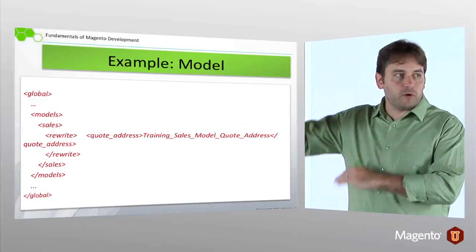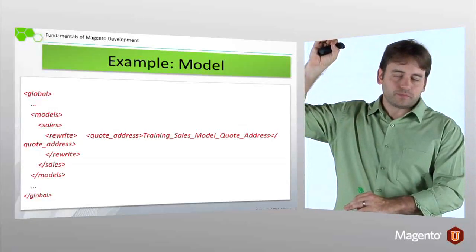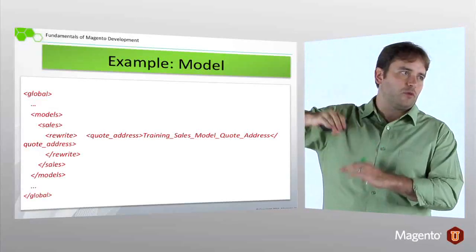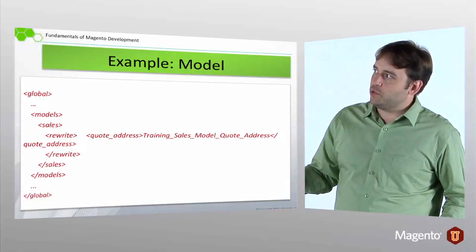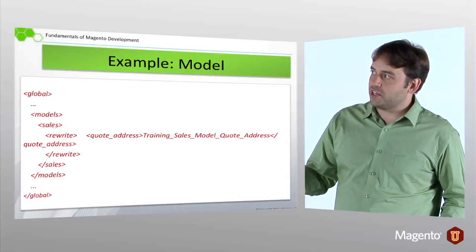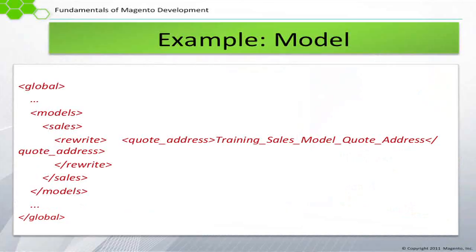If we looked at the output of the full configuration object, once we do this, you would have sales, and inside sales you'd have class, with Mage_Sales_Model as the value inside the class node, and that's your class prefix. And again, that's how sales is translated to Mage_Sales_Model.